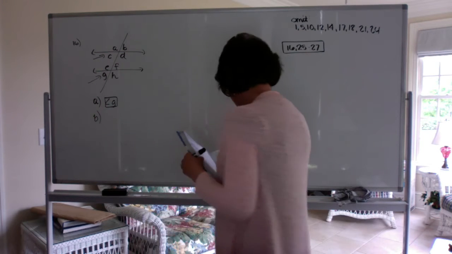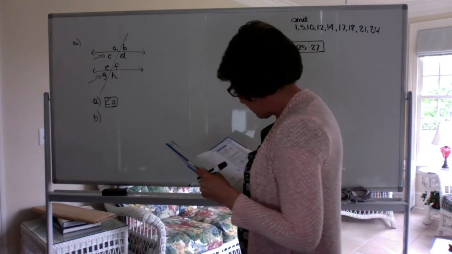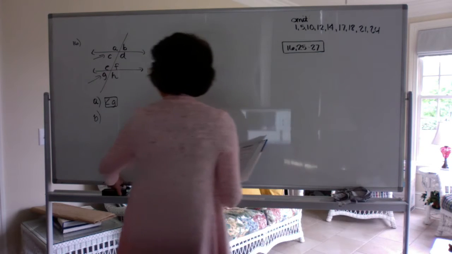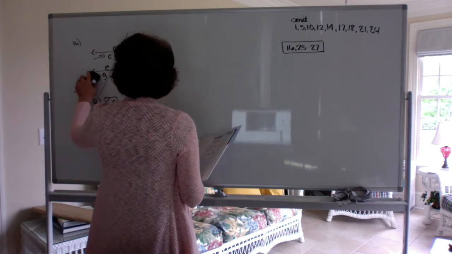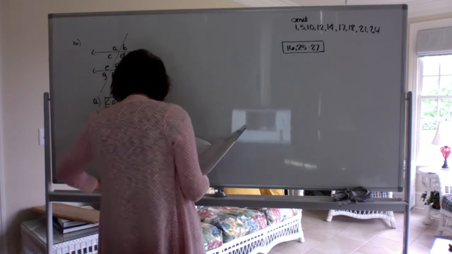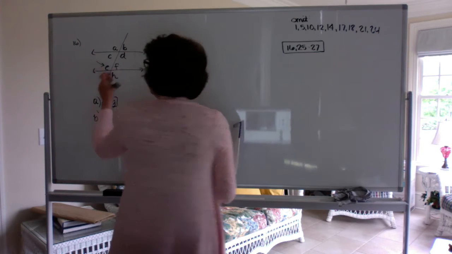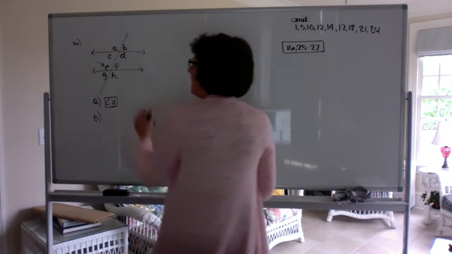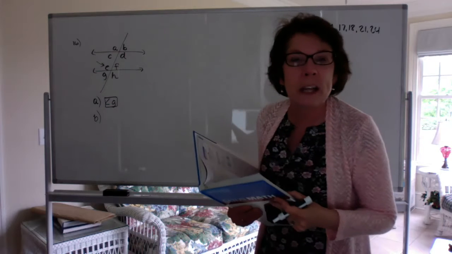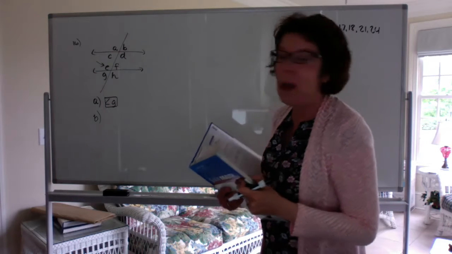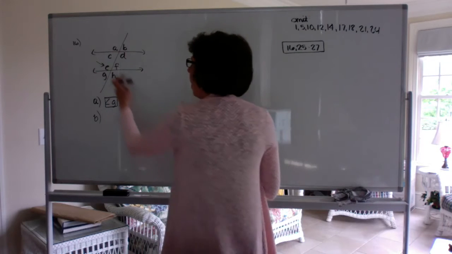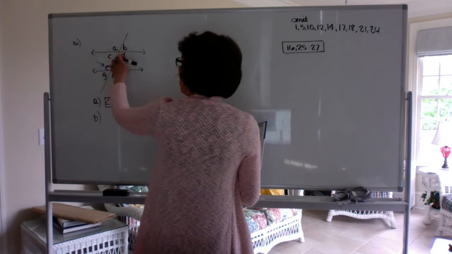Okay, let's go to B. B says, which angle is the alternate interior angle of angle E? Now we're going to talk about interior angles. Here's angle E. It's an interior angle. C, D, E, and F are all interior. What's the alternate interior angle to angle E? Well, alternate means it's going to be on the opposite side.